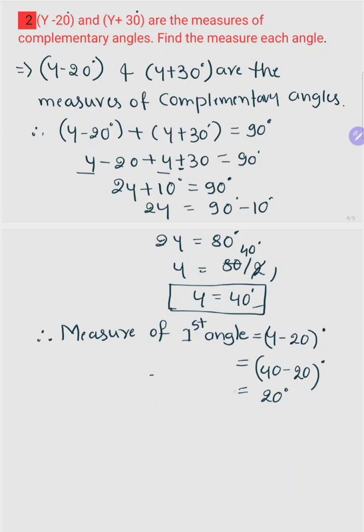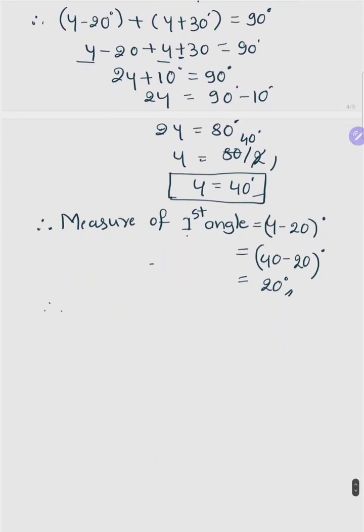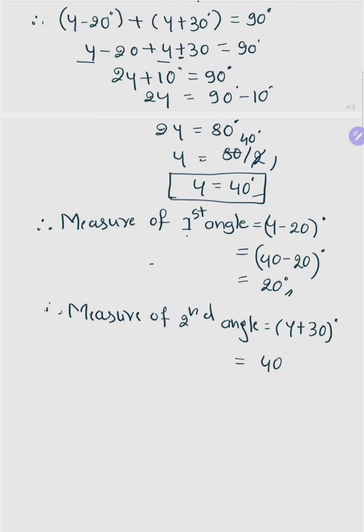The measure of the first angle is 20. And the second, similarly write the measure of the second angle. The measure of the second angle is what? y plus 30 whole raised to degree. So y is 40 degree plus 30 degree. Both are plus. How much is it? 70 degree. Yes, na?